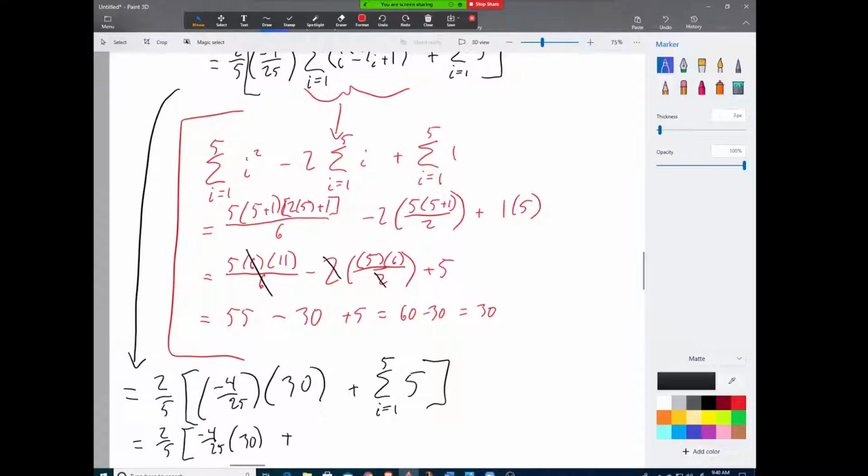And then that last summation again is just we're going to sum a constant number those 5 times. And I'm going to keep doing my trick of looking for opportunities to divide before I multiply.